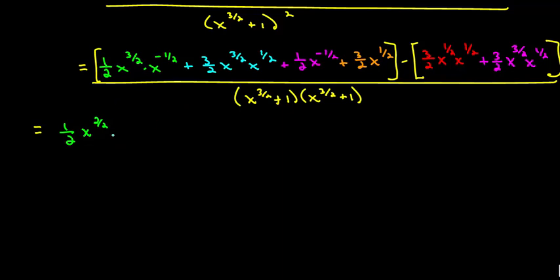Then the blue piece is 3/2 x to the, now we add, right, and positive, so we get 4/2, or squared. Okay, and then this we really can't do a whole lot with, so I'm just going to rewrite this.